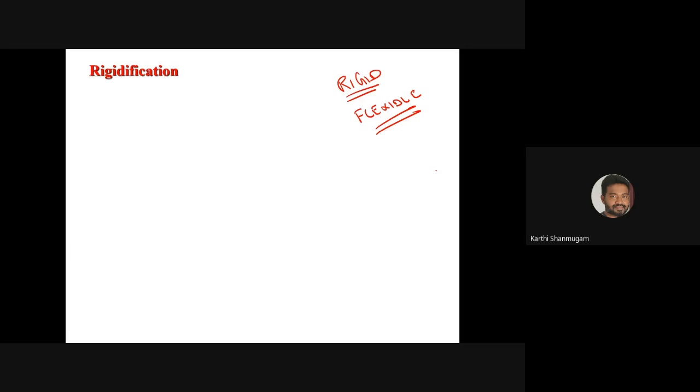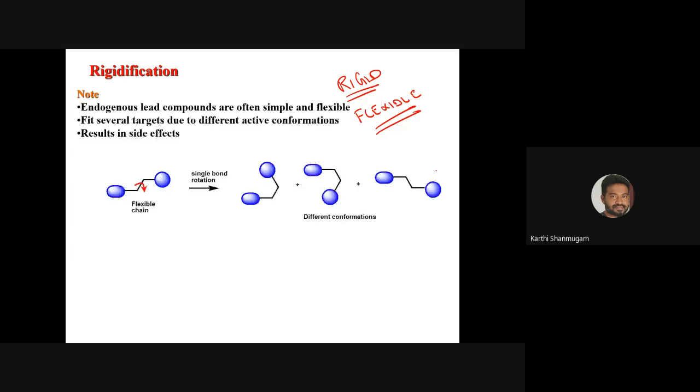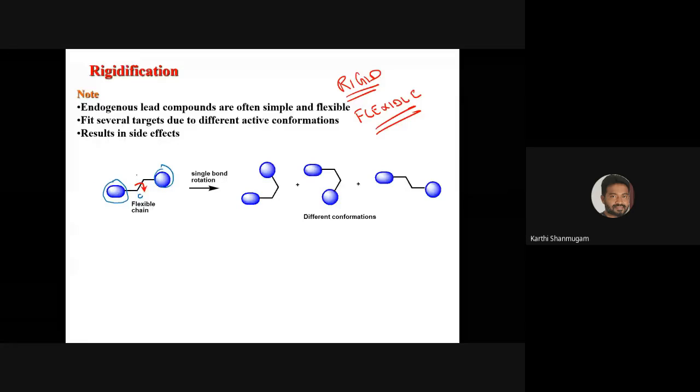Okay, so let me give you an example for rigid, flexible, rigidification. I think this is a very simple illustration to understand what is meant by flexible. Say you have some functional group here, you have some functional group here, and this is carbon, and this is carbon.